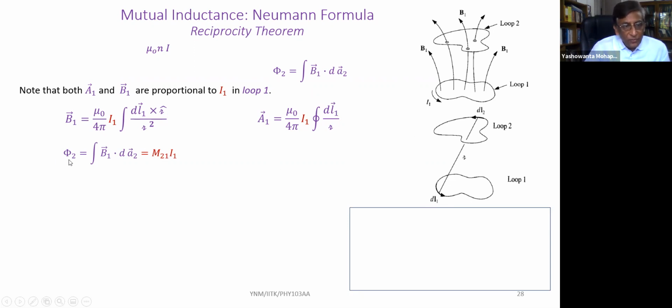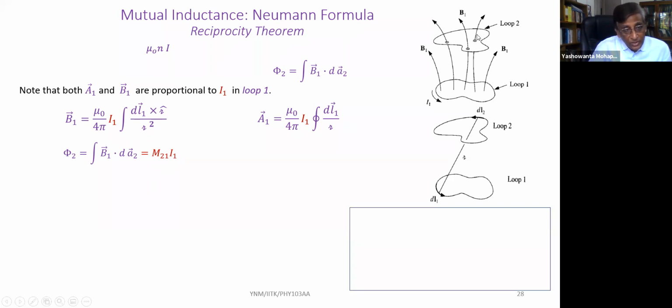And hence phi 2, the flux going through loop 2, must be proportional to I1, and that proportionality constant depends only on the shape and the geometry of how the two loops are aligned in space. So the flux is proportional to the current running.